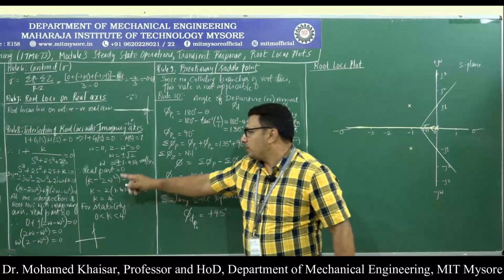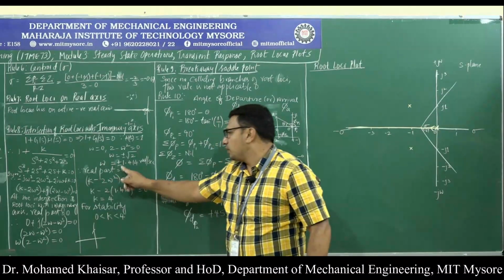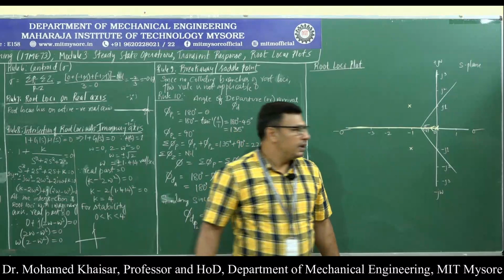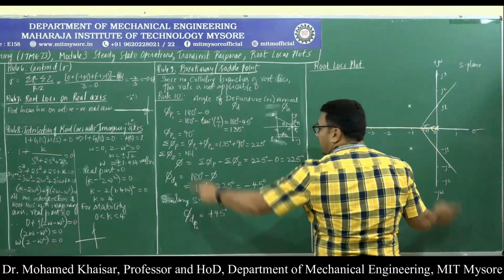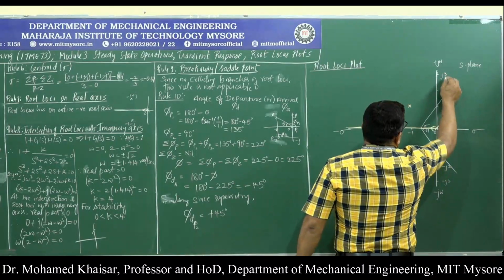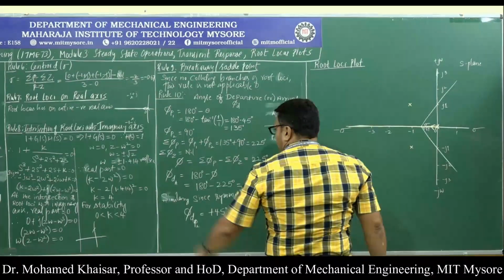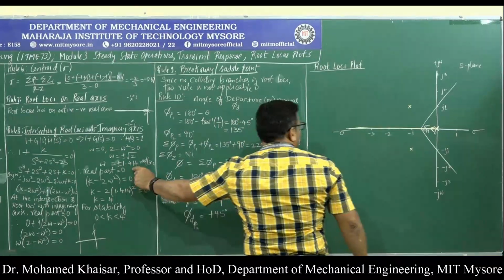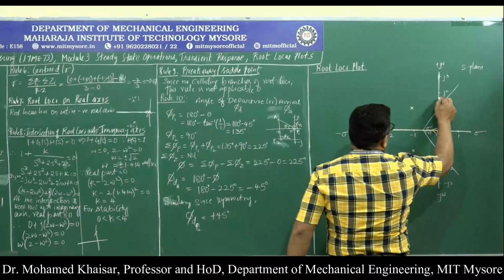When we calculated, omega is equal to plus or minus 1.414, that means the j omega value is 1.414. So j 1, 2, 3 are the omega values, and 1.414 lies over here.